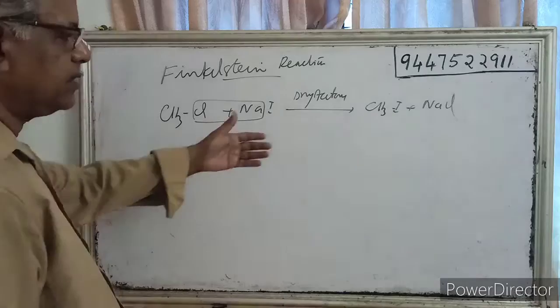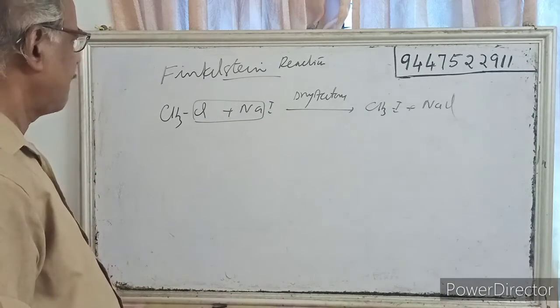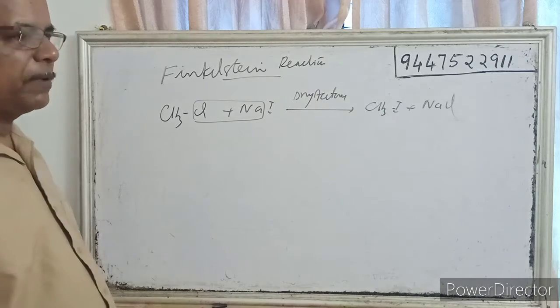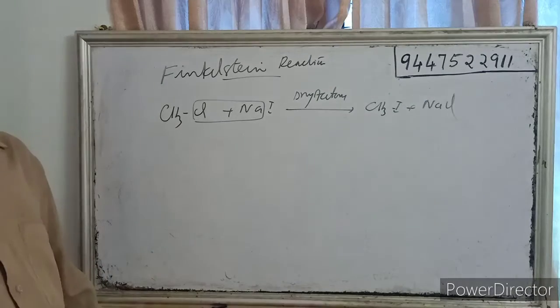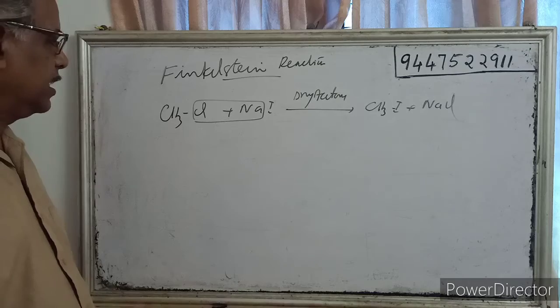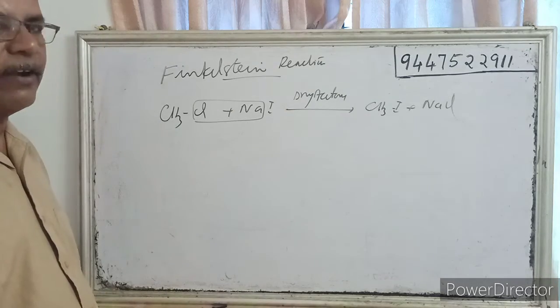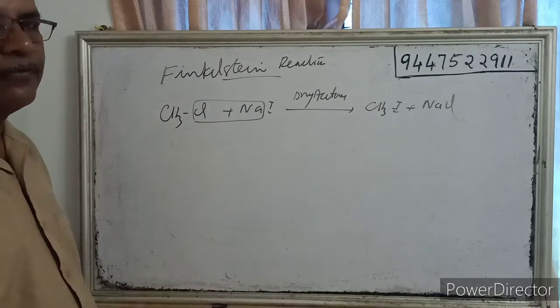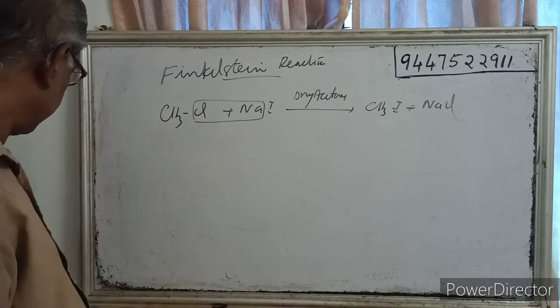Similarly, ethyl chloride gives ethyl iodide, etc. That is the Finkelstein reaction. Alkyl iodides can be prepared from alkyl halides, chlorides or bromides, when treated with sodium iodide in the presence of acetone. That reaction is called the Finkelstein reaction.